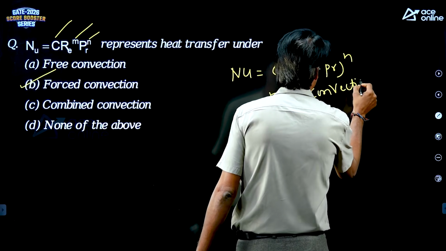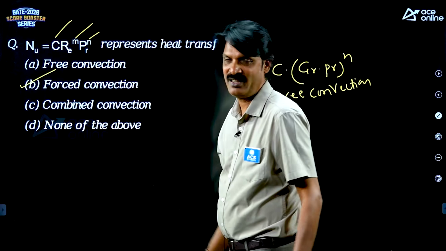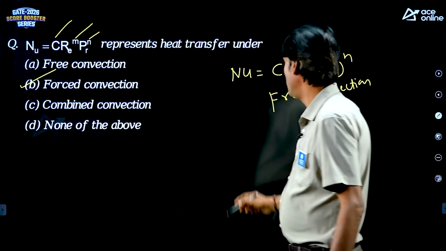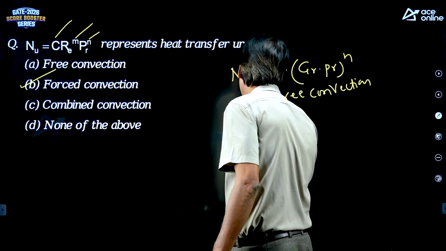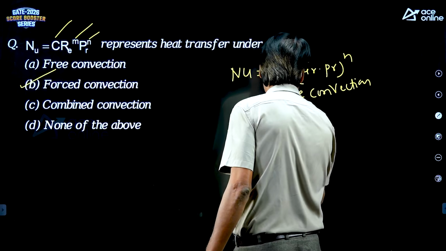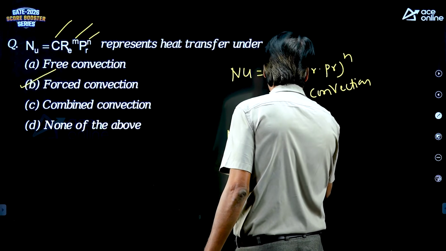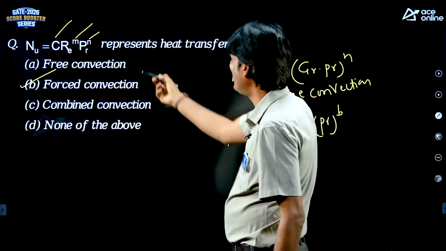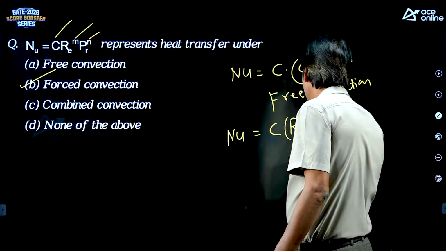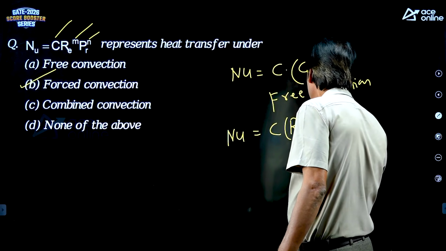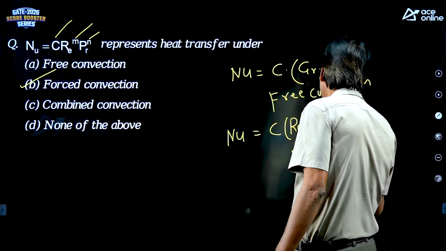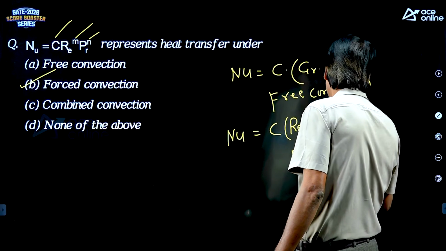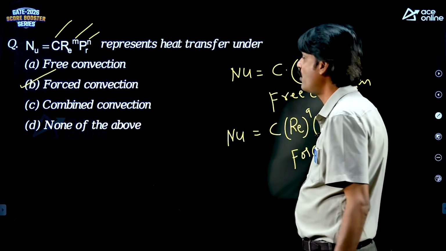This is obtained from Buckingham's pi theorem. So Nusselt number is some constant C, Reynolds to the power a, Prandtl to the power b, or m as well as n if you are writing it. This is your forced convection.